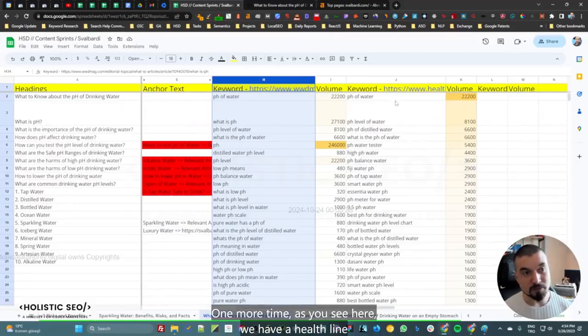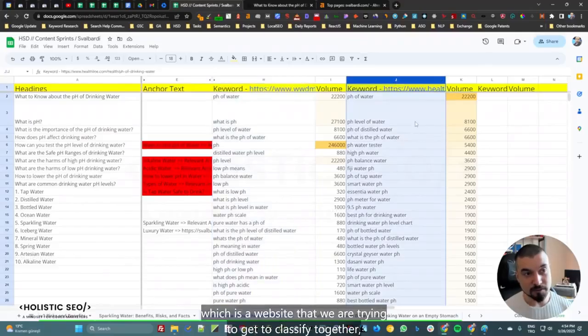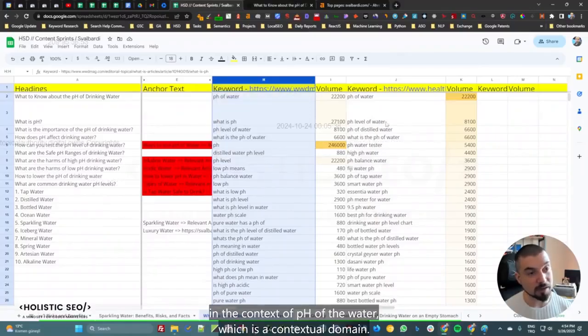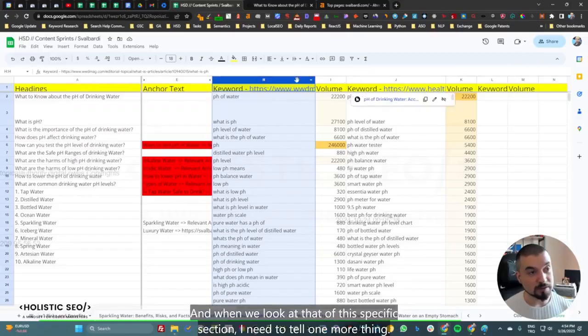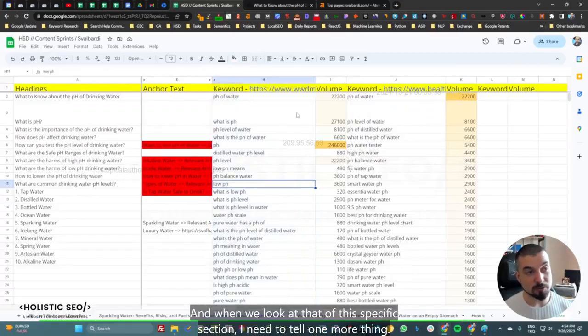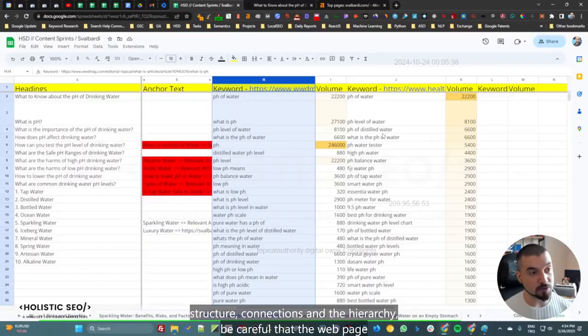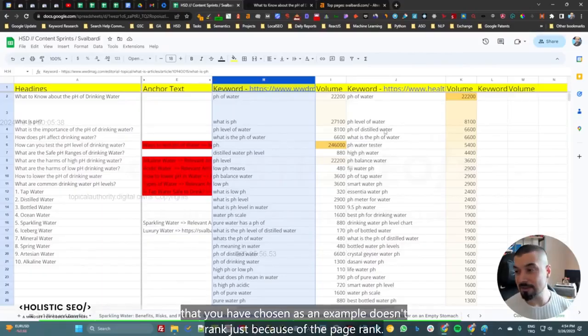One more time, as you see here, we have Healthline, which is the website that we are trying to get classified together. And here we have the specific web page that we are targeting in the context of pH of water, which is a contextual domain. When we look at this specific section, I need to tell one more thing. If you want to choose a target web page for creating your own contextual vector, structure, connections, and hierarchy, be careful that the web page you have chosen as an example doesn't rank just because of PageRank.